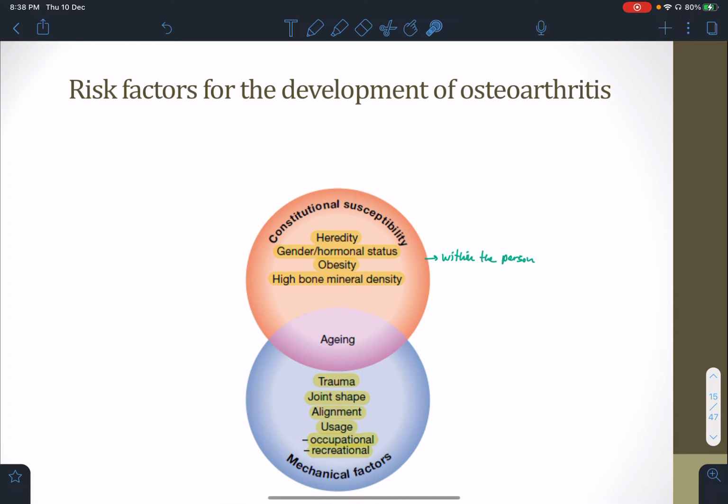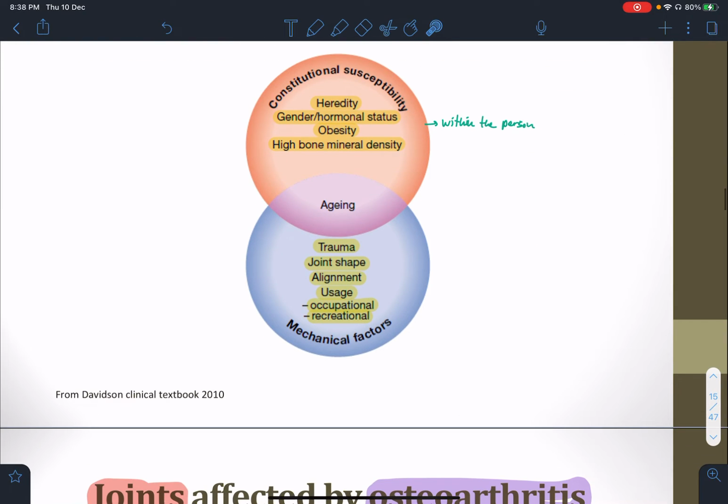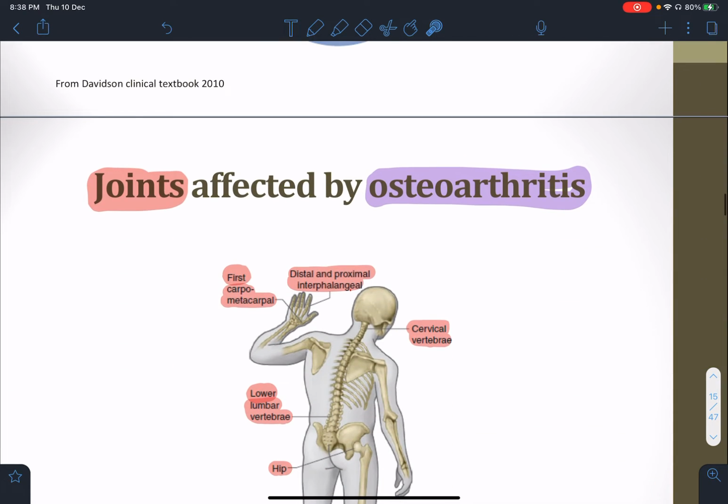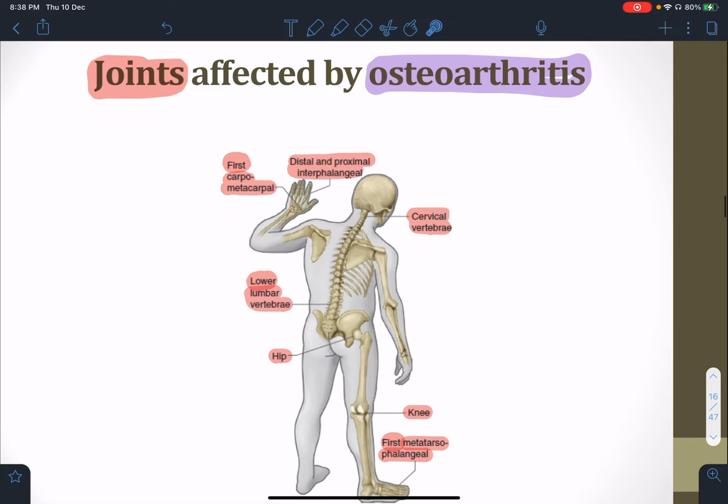For example, for occupational, we noticed in one of our PBL cases there was a patient working on a farm, so we had him diagnosed with osteoarthritis because he's been using his joints excessively.